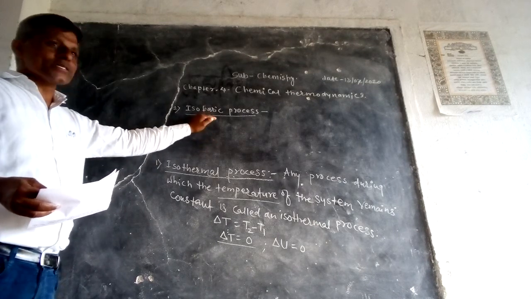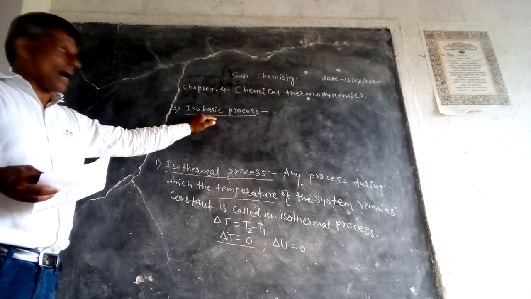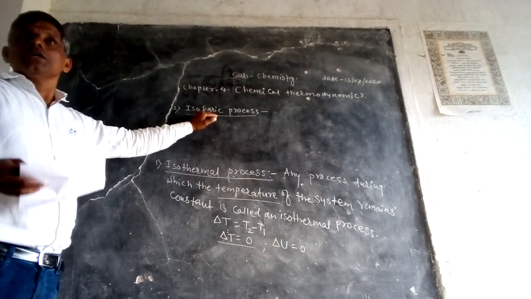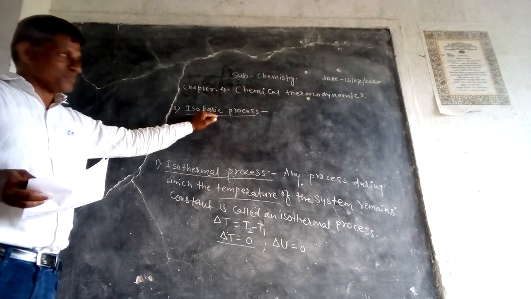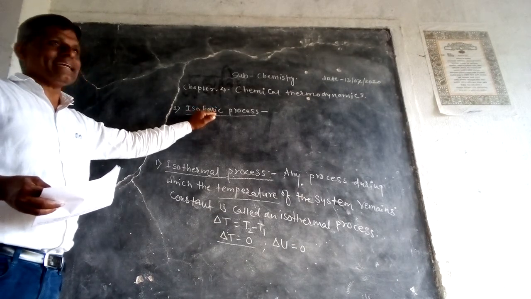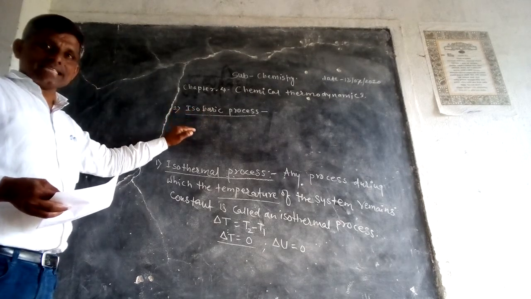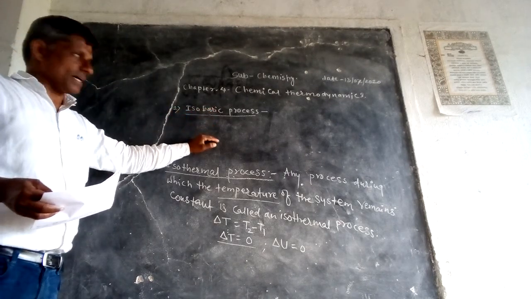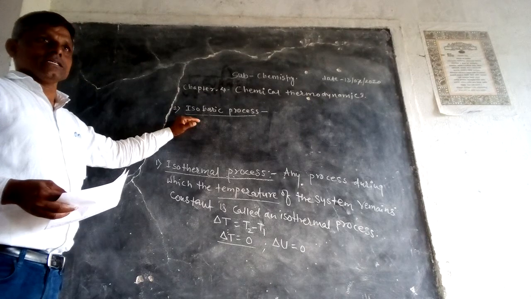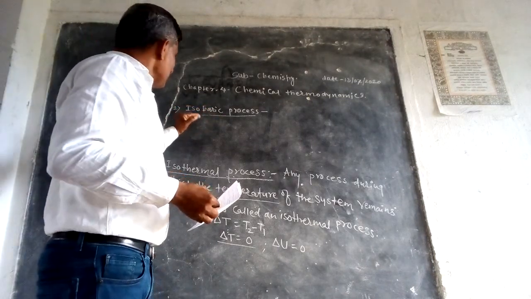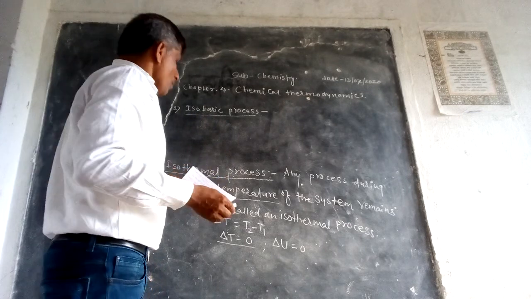You may get confused how baric means pressure, because you know bar is one of the units to measure pressure. So this bar is related to pressure. So here iso means same, bar means pressure. A process in which the pressure remains the same is called an isobaric process.